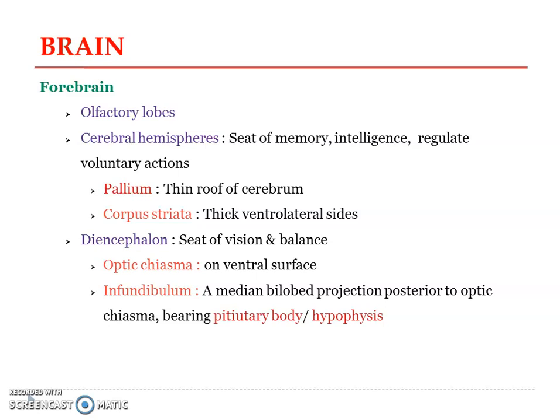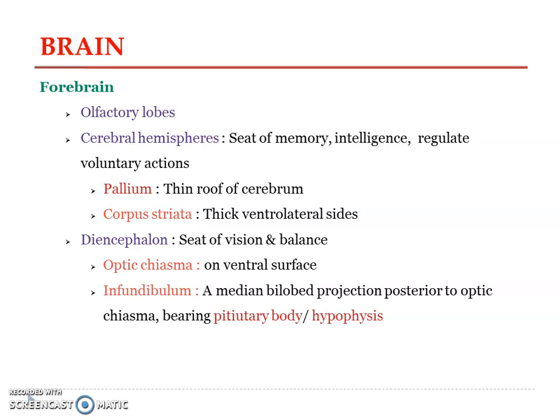Now, when we speak about the internal parts of the forebrain, the cerebral hemispheres and the diencephalon: each cerebral hemisphere has a large ventricle which is continuous anteriorly with the rhinocele of the olfactory lobe. These ventricles of the cerebral hemispheres are known as lateral ventricles or paracele.